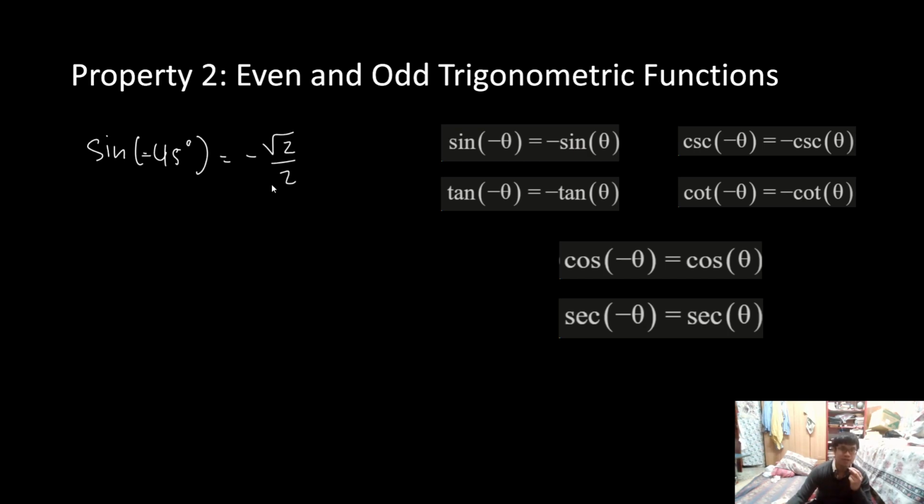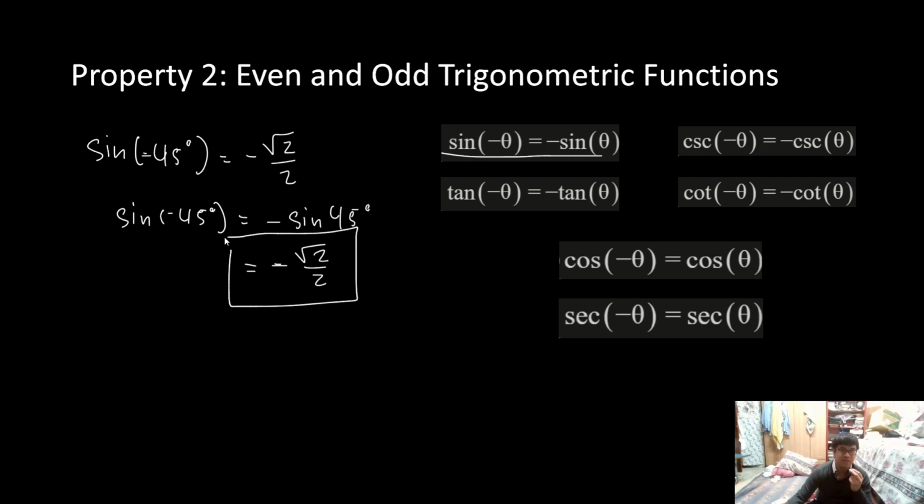Now let's try to prove this with the property. Sine of negative 45 degrees is equal to negative sine of 45 degrees. Sine of 45 degrees is square root of 2 all over 2, but since we have negative outside, the answer is negative square root of 2 all over 2.